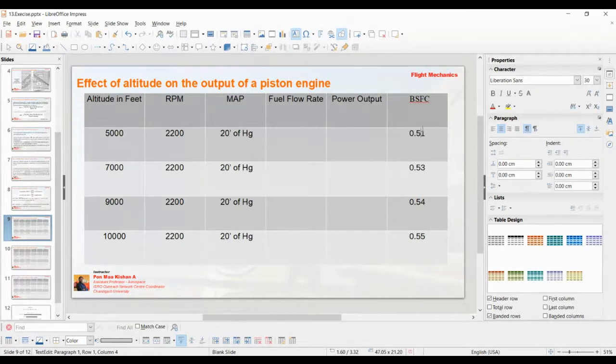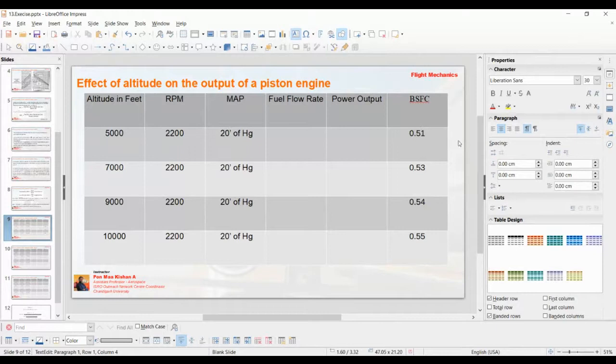So as altitude increases, the specific fuel consumption will be increasing, right? The fuel flow rate will be increased. So that is one of the disadvantages. As much as possible, we need to fly at an altitude which will give better performance for us.